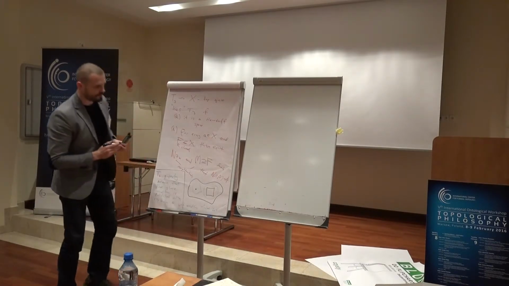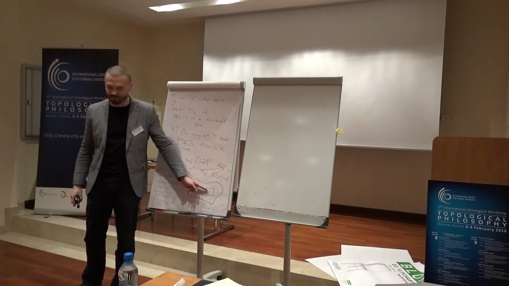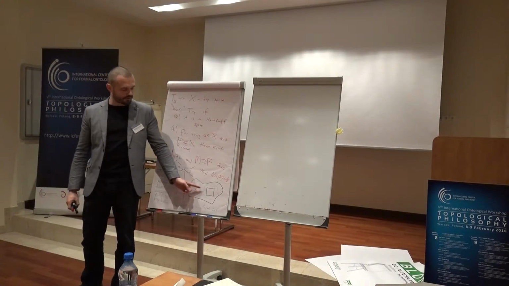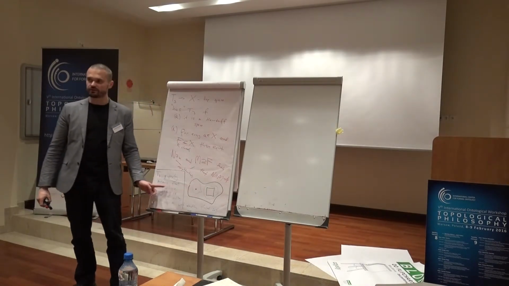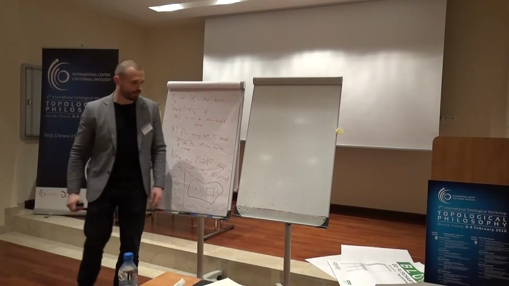So a space is T4 if we can distinguish not only between point and point, and between point and a closed set, but also between two closed sets. Then it's T4.